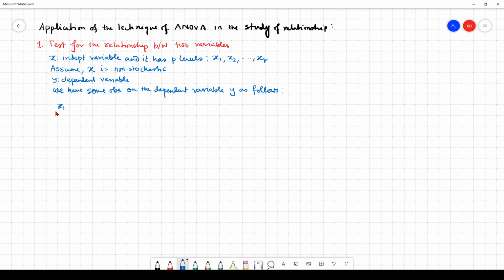Corresponding to level x1, we have n1 observations, and I denote these observations by y11, y12, ..., y1n1. Corresponding to level x2, we have n2 observations, and we denote these observations as follows.